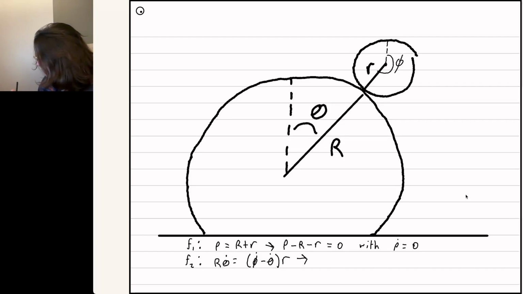If you want to put this in terms of an actual constraint equation, I'm going to call it, R plus r times theta dot minus r phi dot is equal to 0.